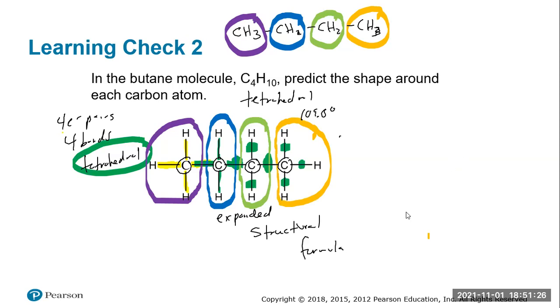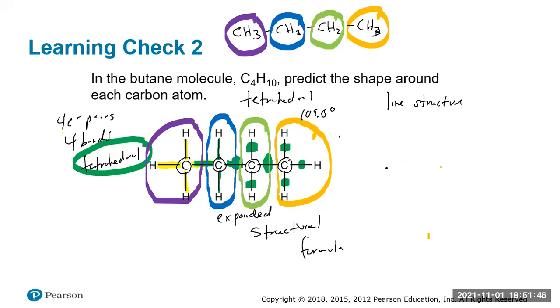Any questions on that there? We could also draw what is sometimes referred to as the line structure. The line structure is commonly used in organic chemistry, but we don't really write anything out usually.